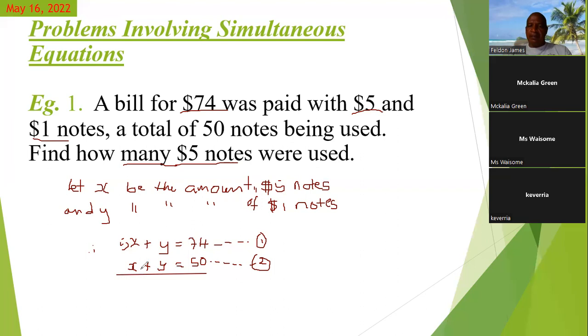But if one is a plus and one is a minus, then you add. So if you have two pluses, you're going to subtract one equation from the other. In this case, we would take away equation 2 from equation 1. Now, if you had two negative signs for Y, you would still subtract because the condition is that the signs must be the same.